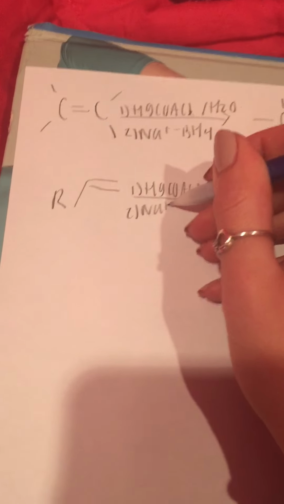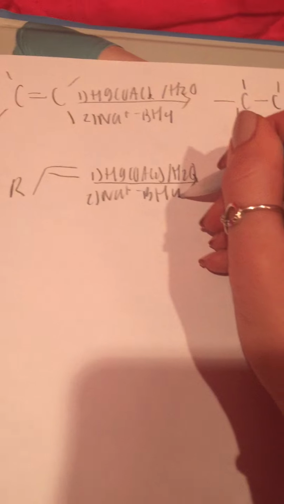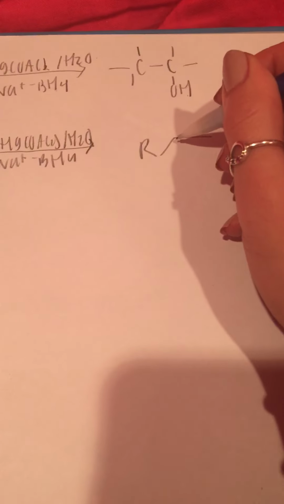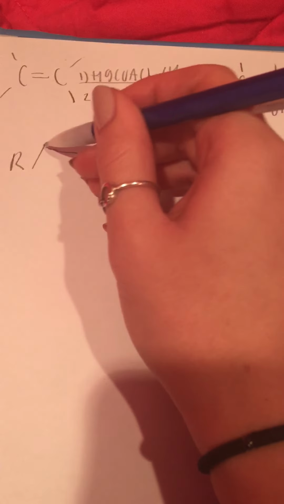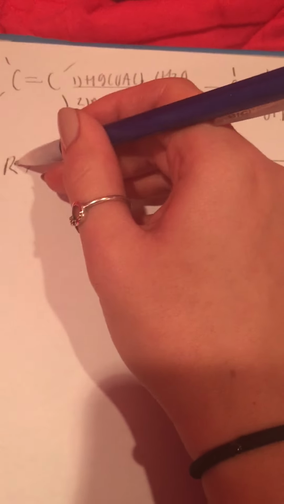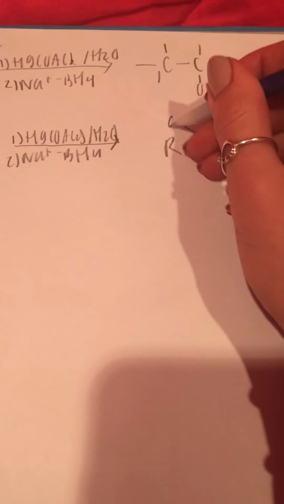And then secondly, your reducing agent of sodium borohydride. And this would give a product like this, where you have your R group, and the alcohol would go to the more substituted side of the double bond, which was right here. So the more substituted side would be here since you have this R group. So your alcohol group would be something like that right here.